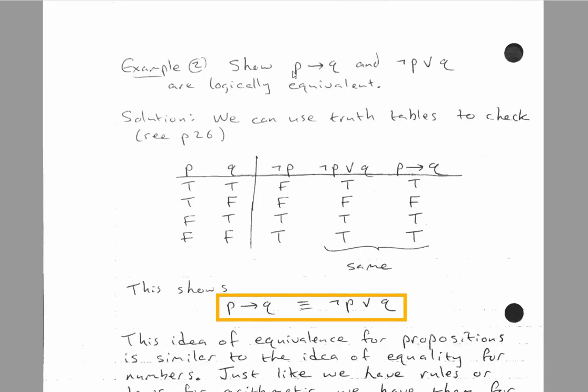Here's an example. Show that P implies Q and not P or Q are logically equivalent. We'd like to show that no matter what P and Q are, these two expressions always have the same truth value.